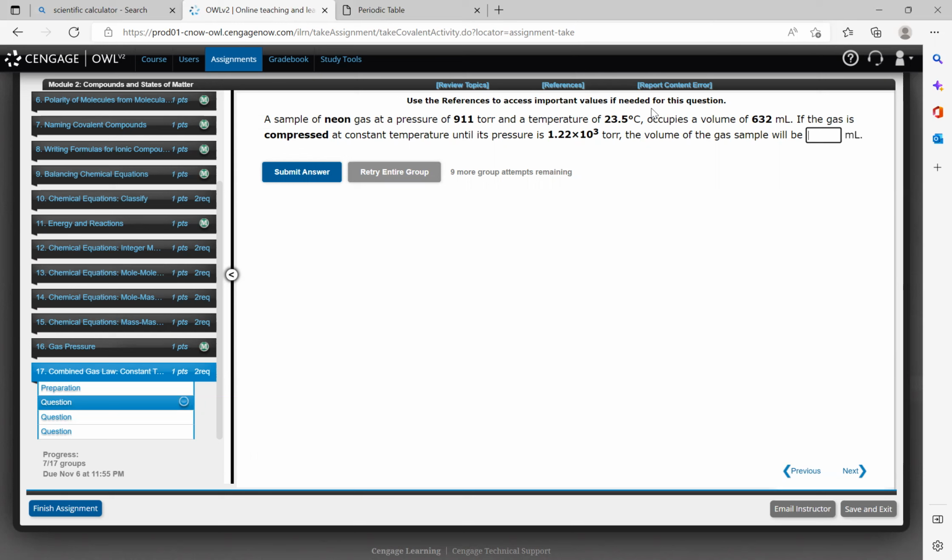We're only going to be worrying about P1 V1 equals P2 V2, because temperature is constant. When temperature is constant, this is called Boyle's law. So we don't care about temperature here. We only care about pressure and volume.